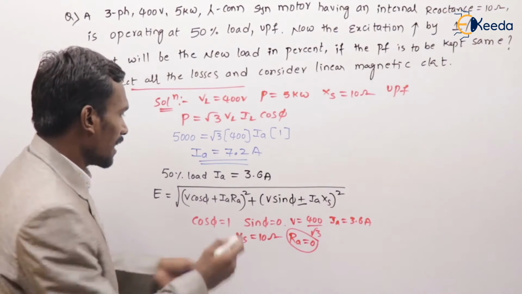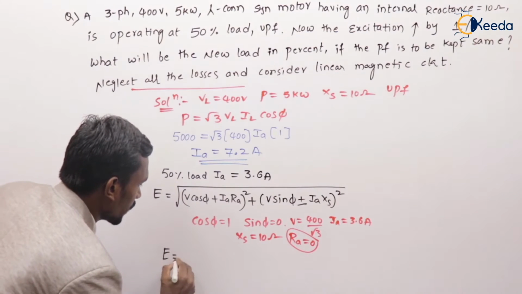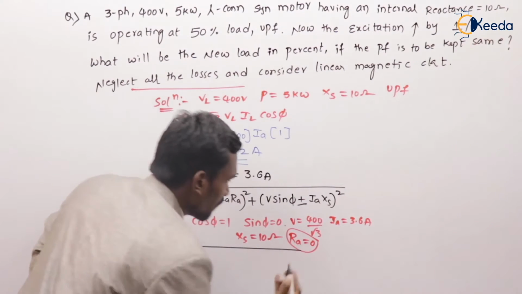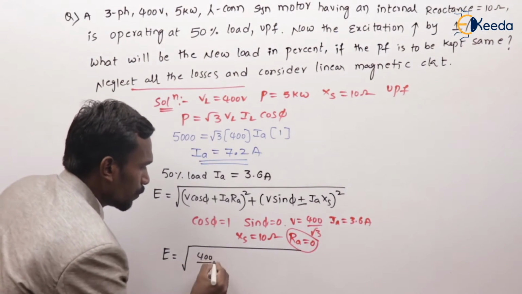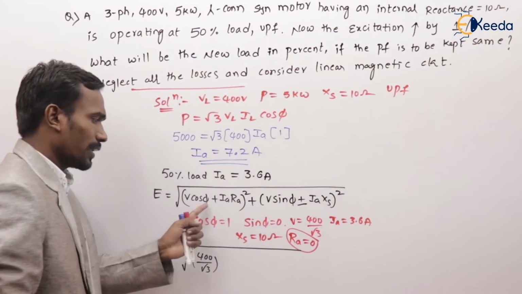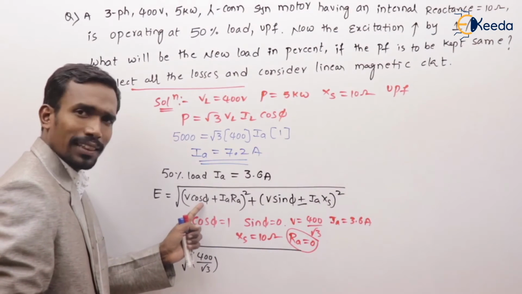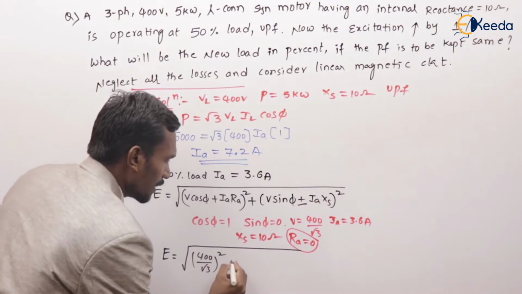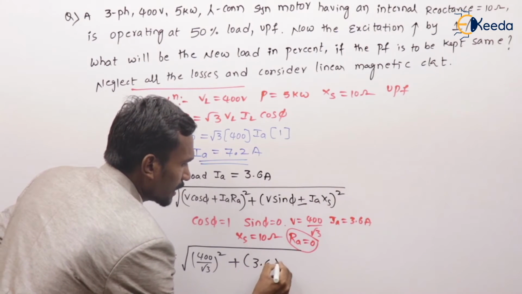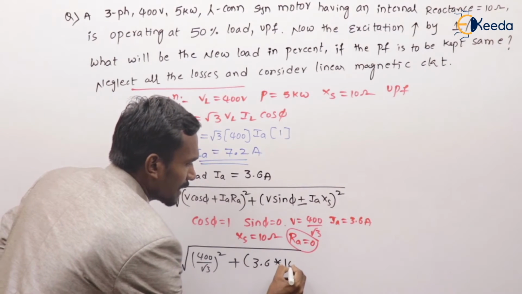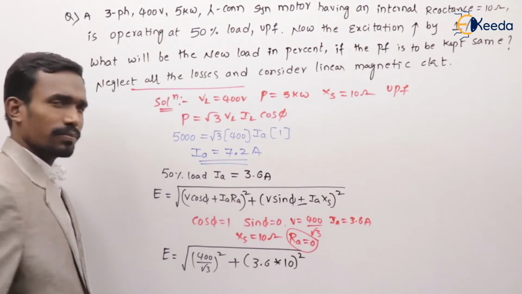Now calculate the EMF. E is equal to the square root of (400 by root 3 into 1) whole square plus (IA 3.6 multiplied with XS) whole square.